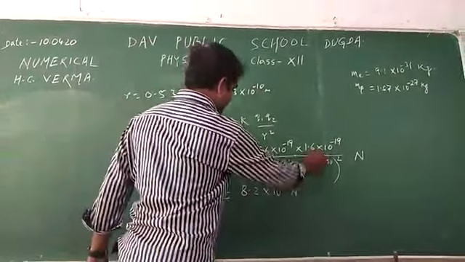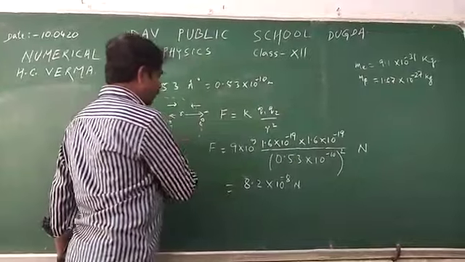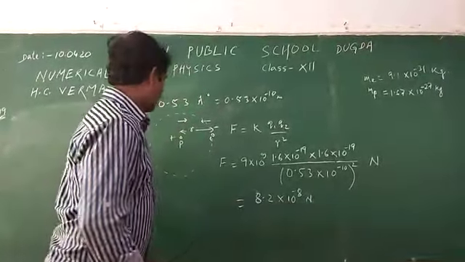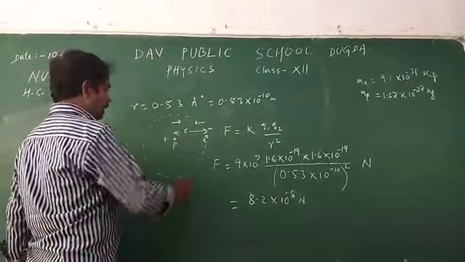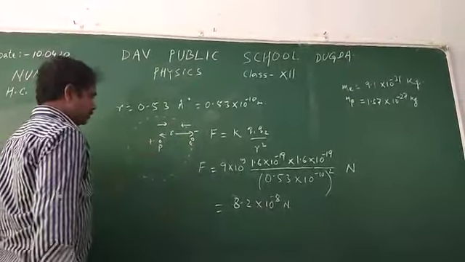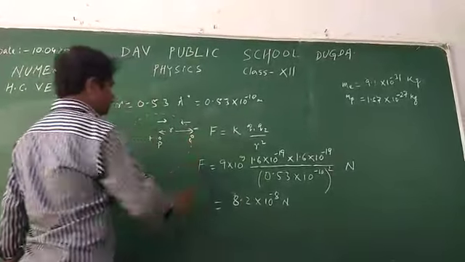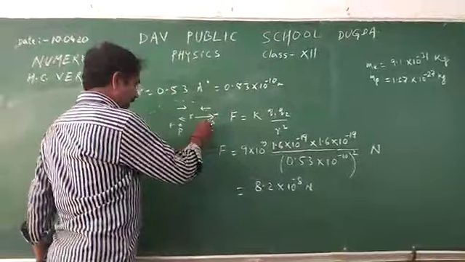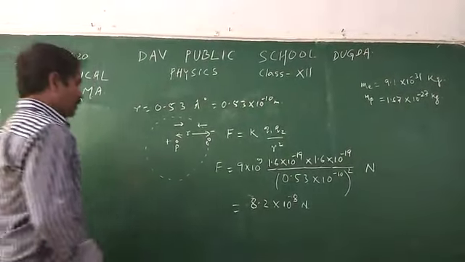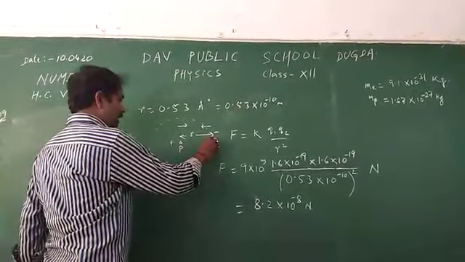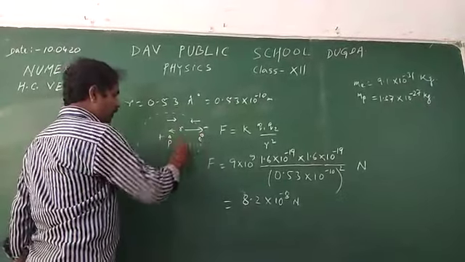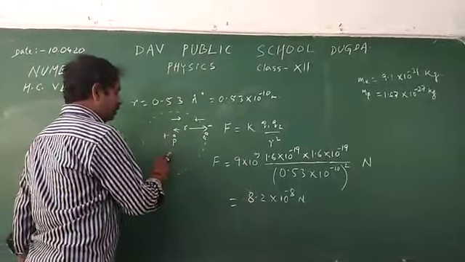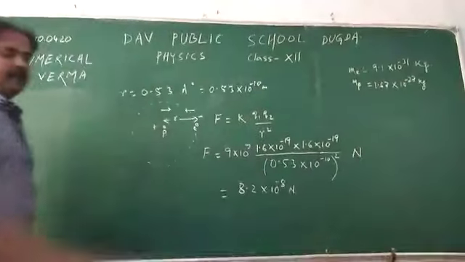If you find here, this electron, due to this electrostatic force, will move towards the proton, and the same amount of force is also acting on the proton, and the proton will also move towards the electron.